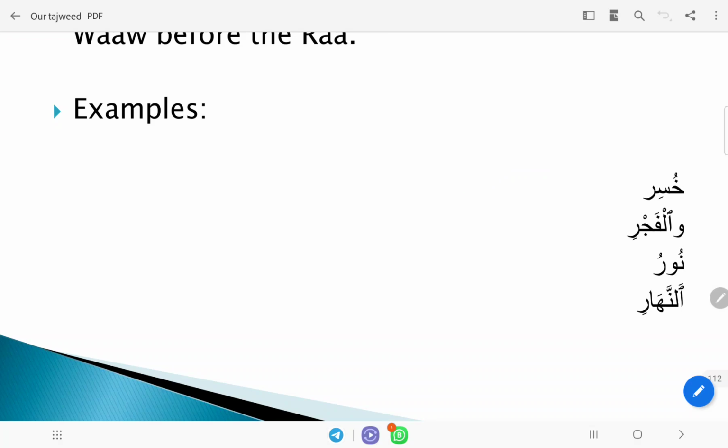The first example here, the word khusrin. Here the ra is not sakin, but it will become sakin because of stopping, and it is preceded by sakin, and the second letter is preceded by dhamma.